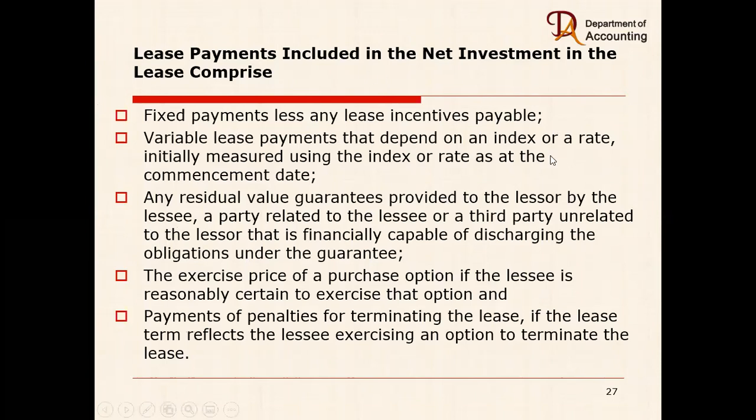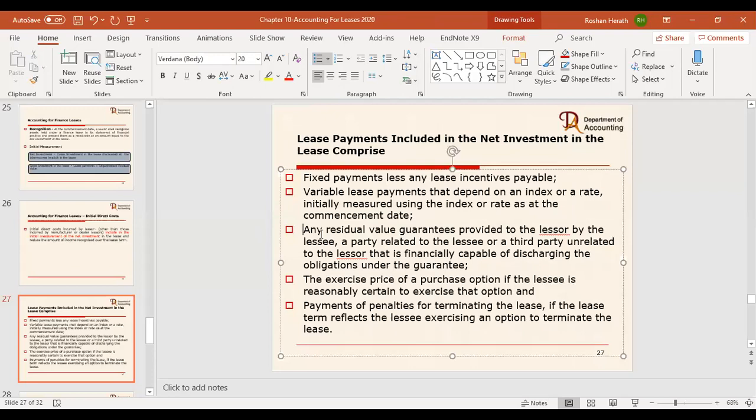So there, earlier you get the amounts payable under the residual value guarantee, but here you are getting the entire residual value guarantee. The fixed payment less any lease incentive payable, earlier the same was there. Variable lease payment, that was there. Exercise price of the purchase option was there. Payment of penalties for terminating the lease, that was again there. But here, this is the most important thing for the change. Any residual value guarantee provided to the lessor by the lessee, right? So you may simply make that difference.